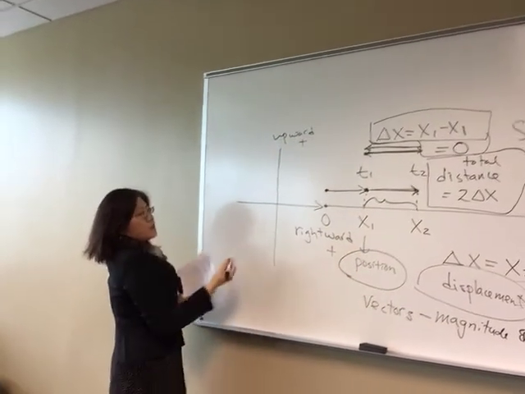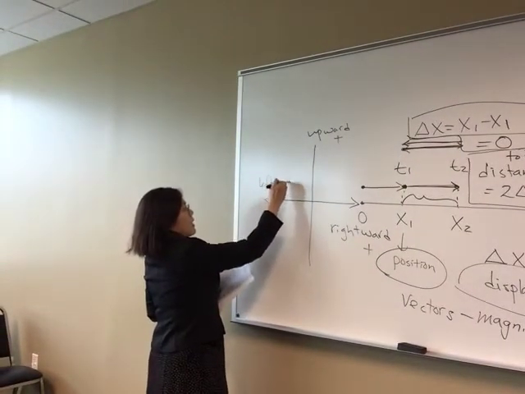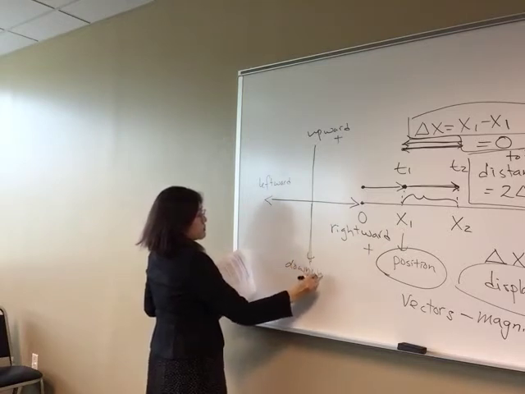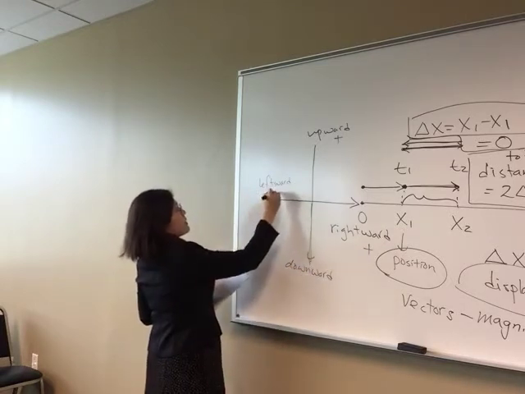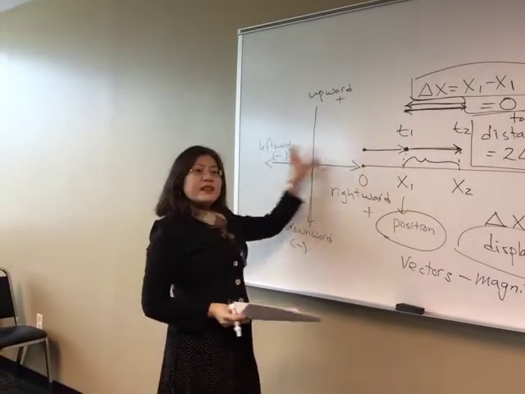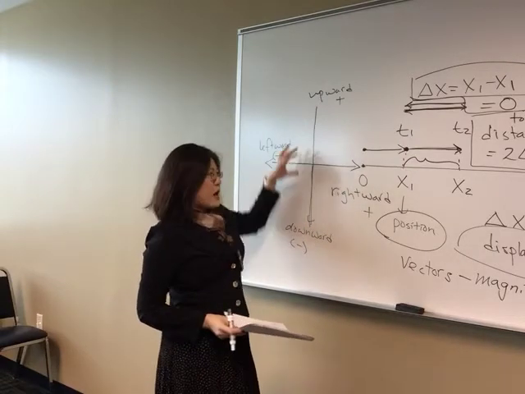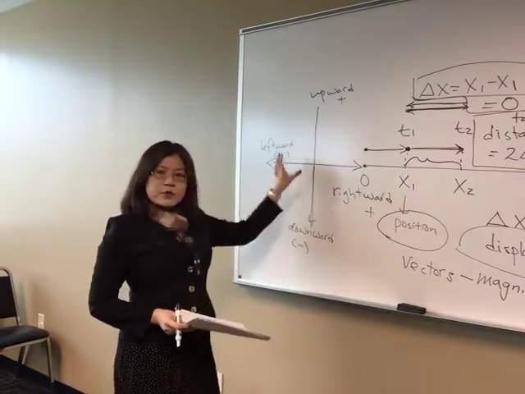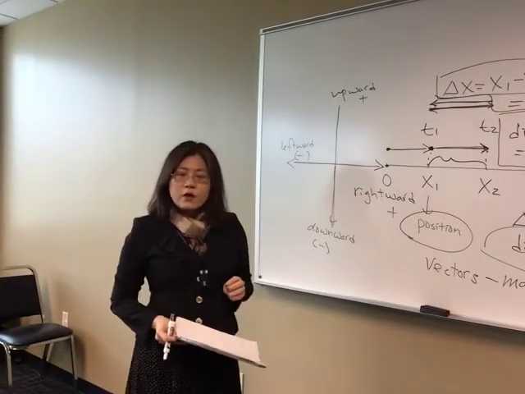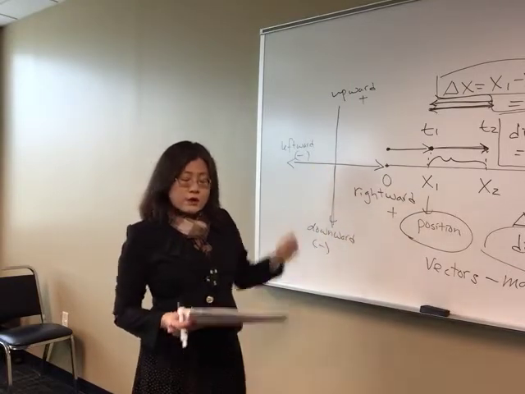And if an object is moving leftward and downward, we associate that with a negative sign, okay? So if you have an object that's moving to the left, it means that the position vector will be negative. If it's moving downward, the position vector is also negative. So you have to actually put a negative sign in front of it to let people know that it is moving leftward or downward.